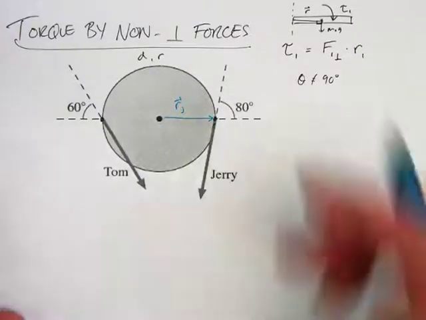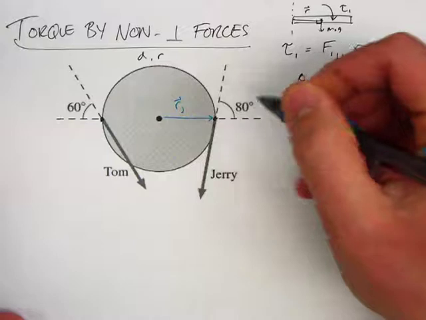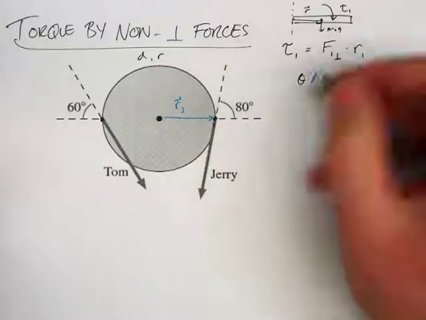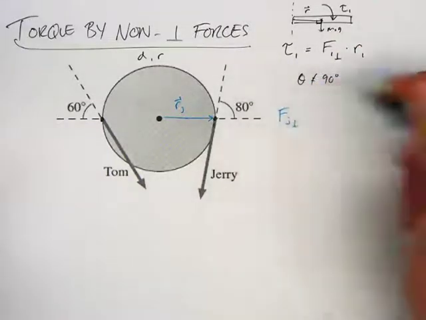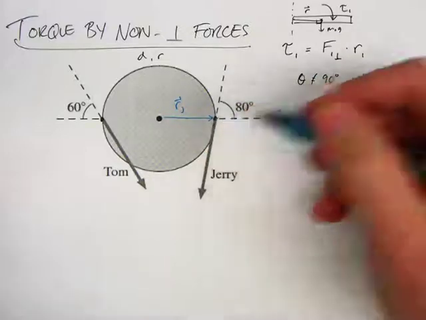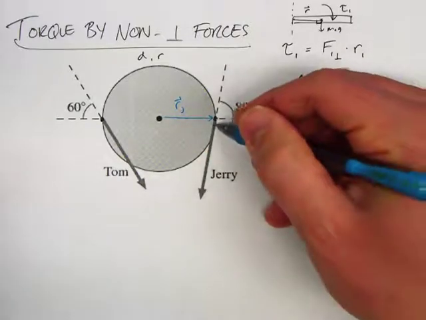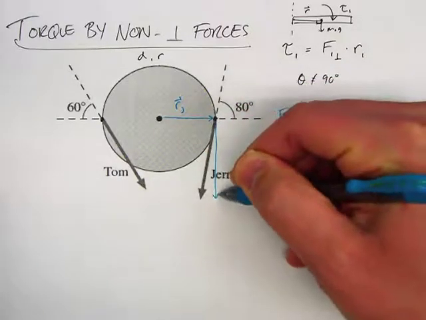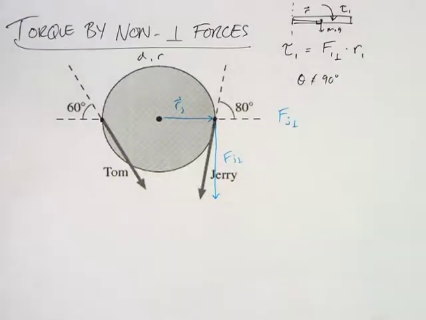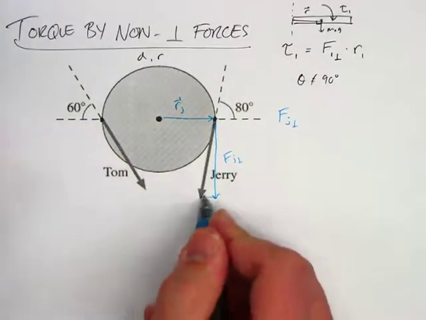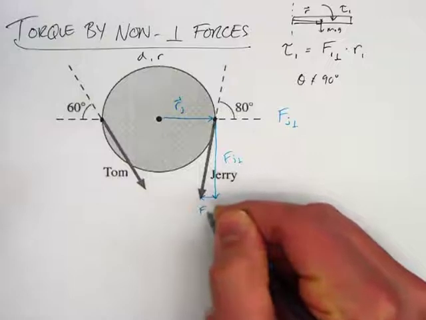And what I would need to do then is take Jerry's force and figure out what is the perpendicular component relative to the lever arm. So I'm going to draw that as this component of the force, Fj perpendicular, and then I would have also Fj parallel.